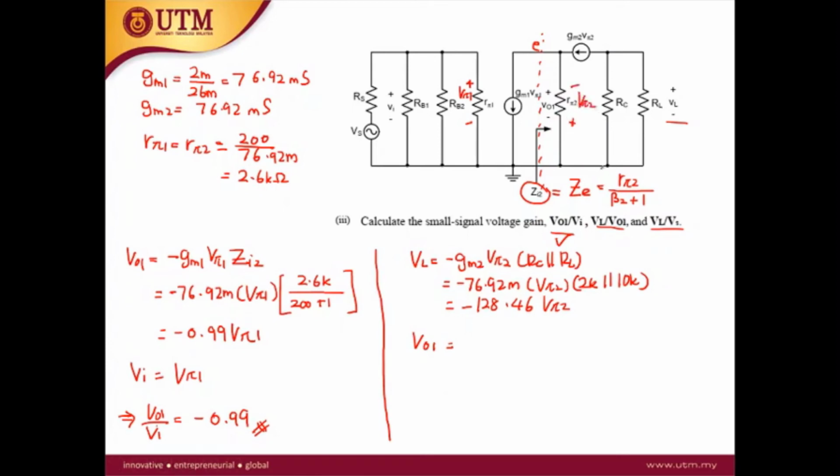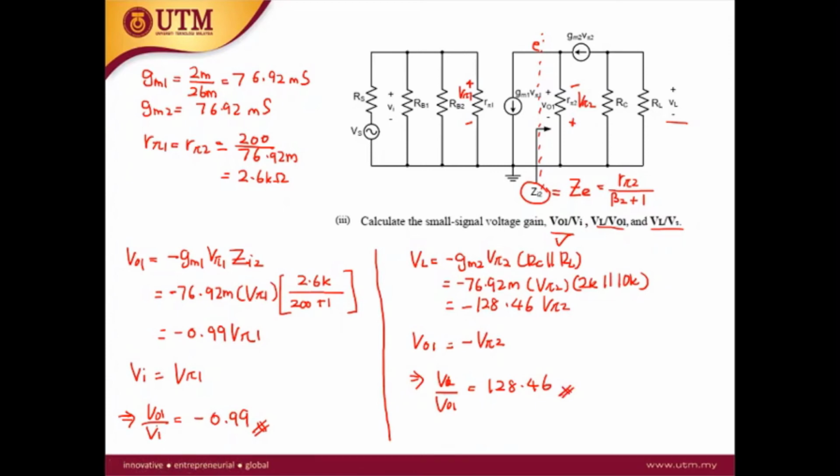This is the polarity of V pi 2, so V out 1 is equal to minus V pi 2. So this will give VL over V out 1 equal to 128.46. The value will be positive because the negative is cancelled out.